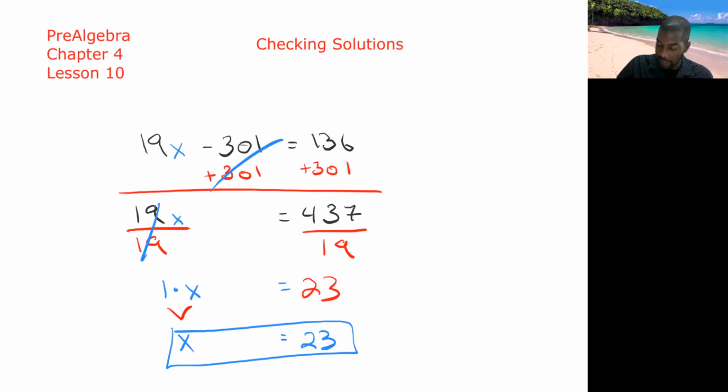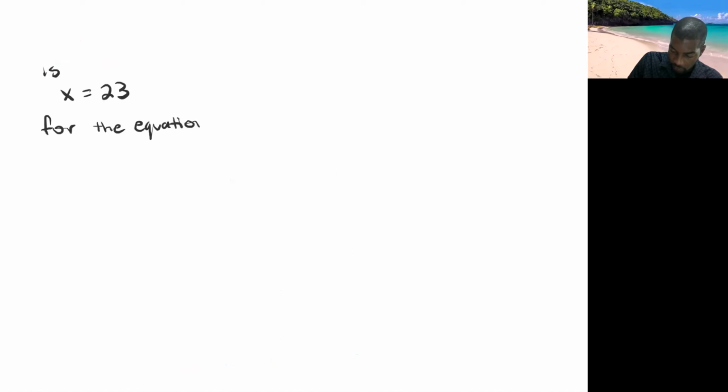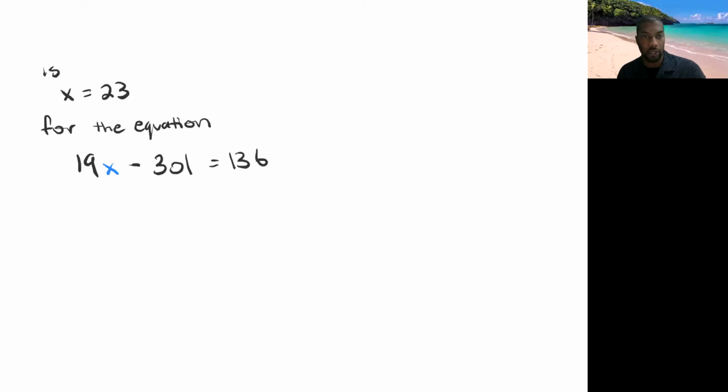So what I'm really saying is, if I just gave you this, x is 23, and here's the equation. Is x 23 for the equation 19 times x minus 301 equals 136? That's the question, right?